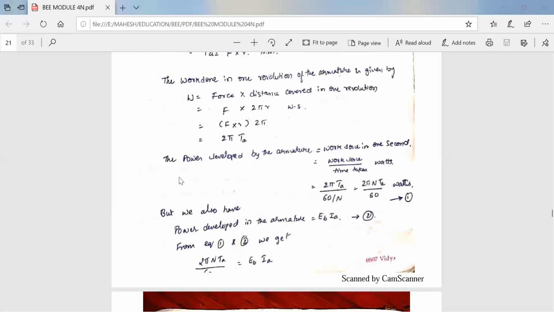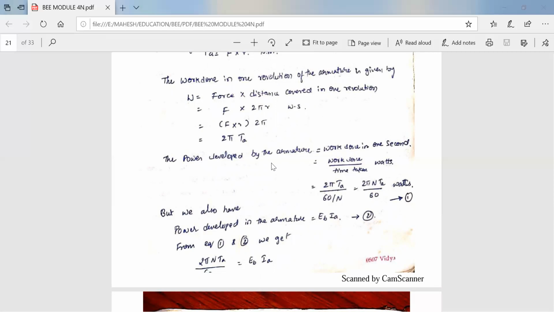Next point, the power developed by the armature. The general formula for power is the amount of work done in a given time. The work done is what we have already seen, W equals 2 pi into Ta, and then the time taken. What is the time taken to complete one revolution?